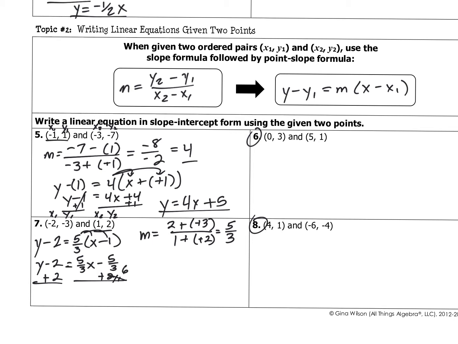So that's going to be 6/3. And -5/3 plus 6/3 is going to be 1/3. That was fun. All right, moving on.